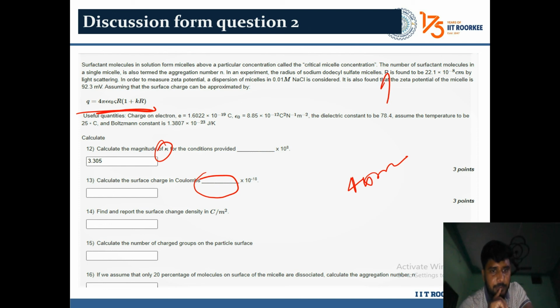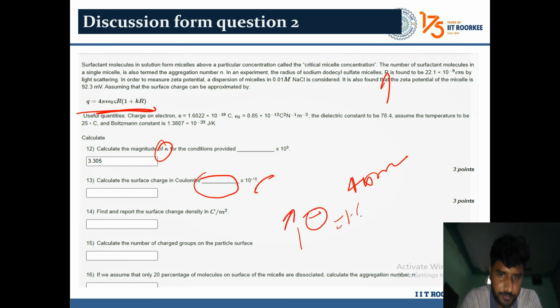Calculate the number of charged groups on the particle surface. So you have a total charge value from this question. Just divide the value by 1.6 into 10 raised to minus 19, because only the dissociated or charged groups have this value, because one electron equals 1.6 into 10 raised to minus 19.